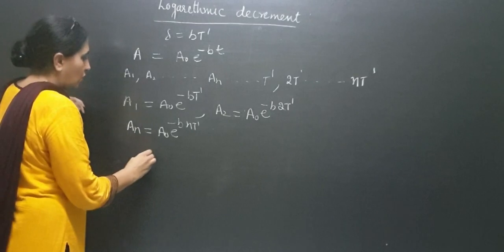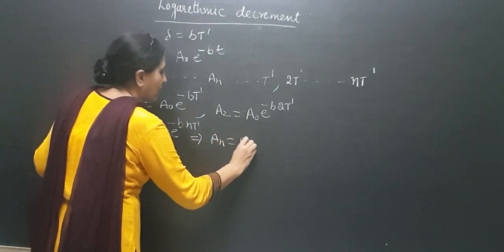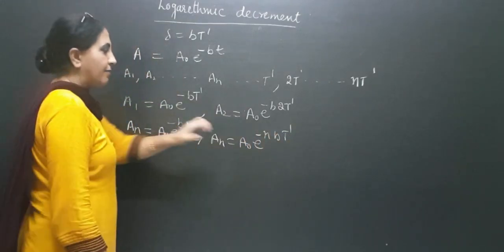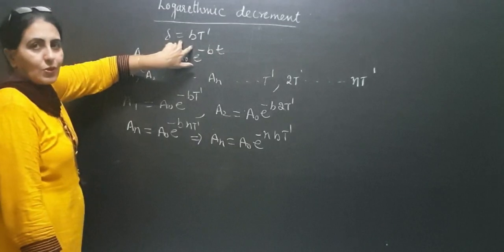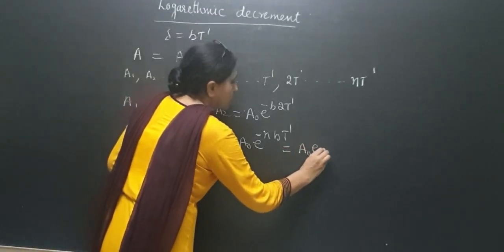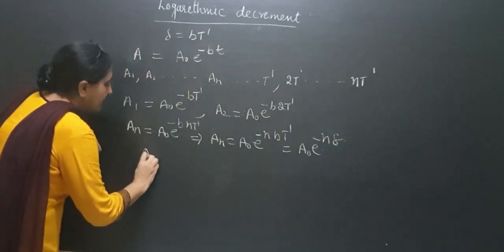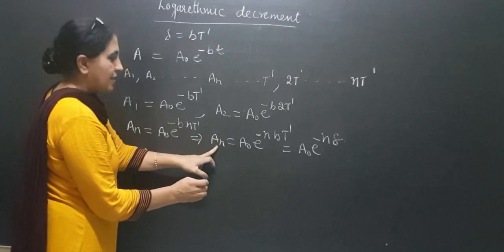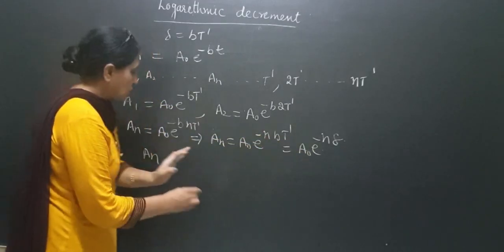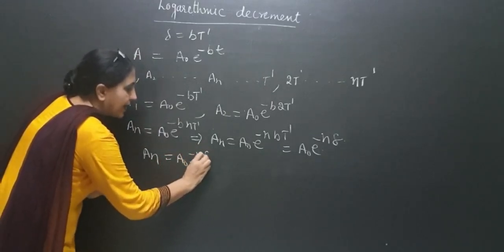So An is equal to A naught e raised to the power minus b nt'. Clear? So you can write An is equal to A naught e raised to the power minus n bt'. And what is bt'? bt' is equal to delta. So put here delta: An is equal to A naught e raised to the power minus n delta.